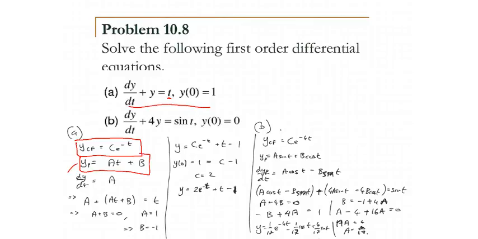I need to differentiate my result, put both of these expressions back into my equation, so put the differential bit in there, the y bit there, and we set it equal to t.